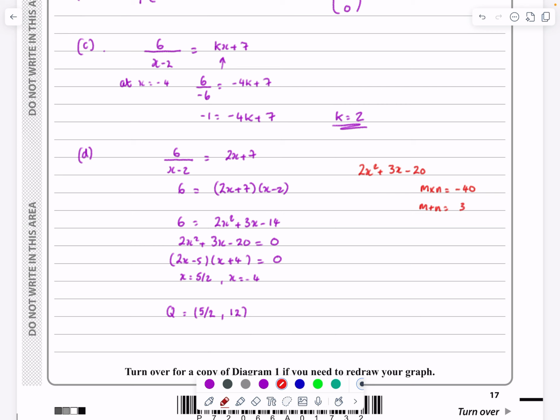The numbers that work out to be 40 are 8 and 5, aren't they? To end up with plus 3, I'm going to have 8 and minus 5 as my numbers. So they now just take the place of the 3x. I would have 2x squared plus 8x minus 5x minus 20.